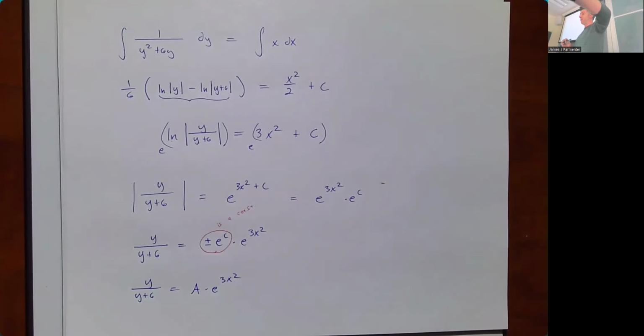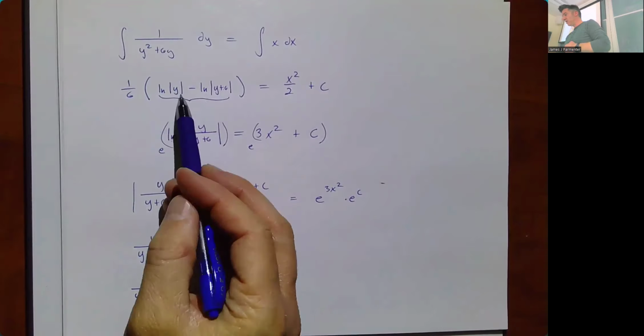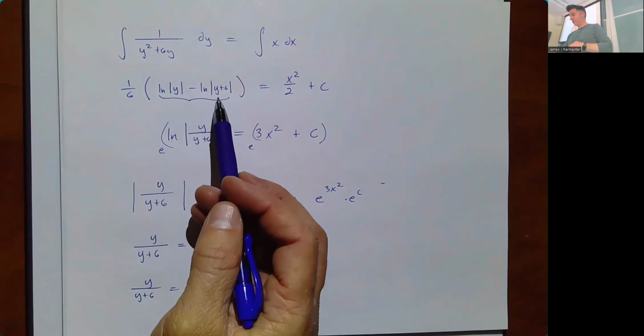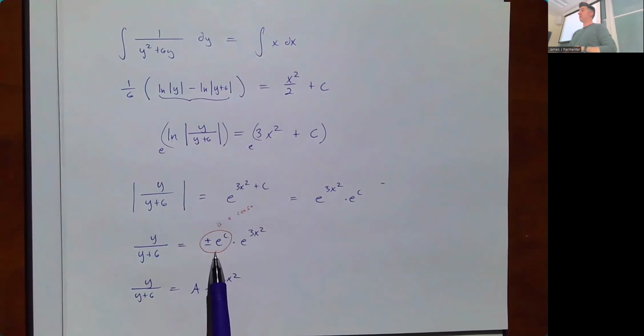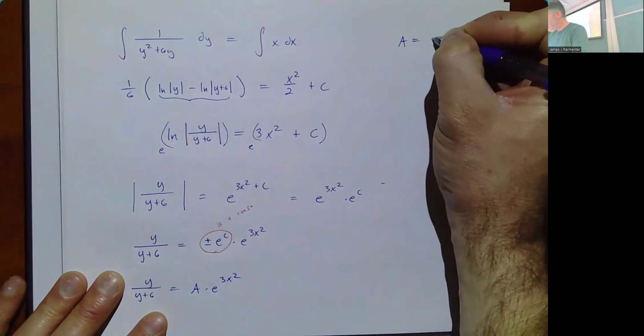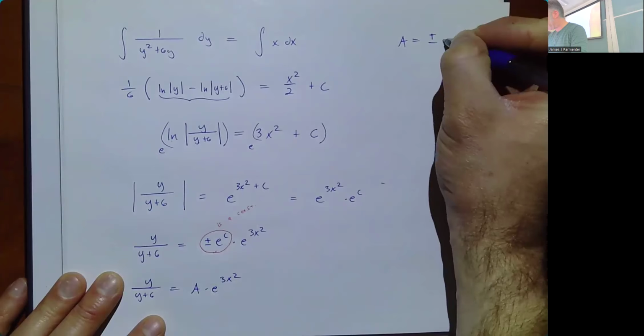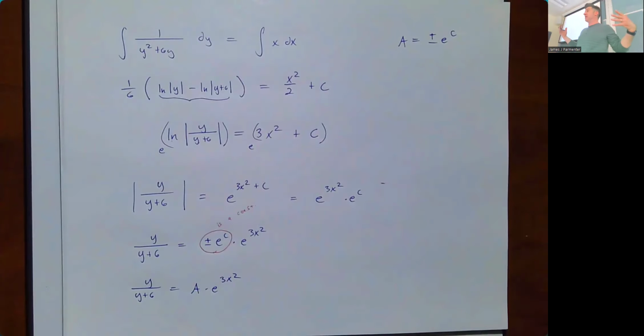When you get to here, you can kind of just ignore the absolute values, because if you ignore them, you would still get down to y over y plus 6 equals some constant times e to the 3x squared. But I get your reticence. It feels like, why don't we need the plus or minus there? Well, because this A is really accounting for it. A is equal to either the positive or the negative e to the c, whatever it happened to need to be if we had an initial condition. But yeah, it feels a little shady.